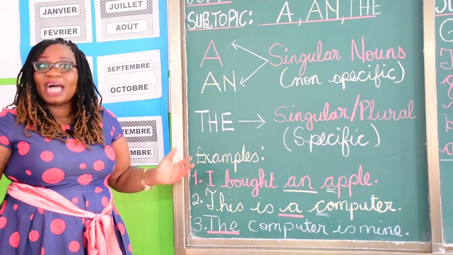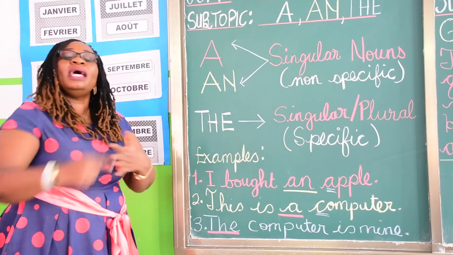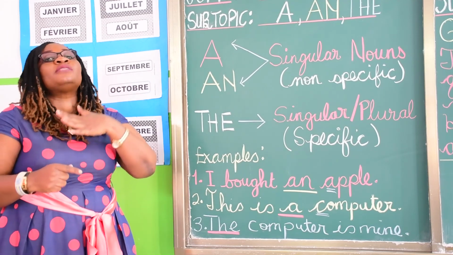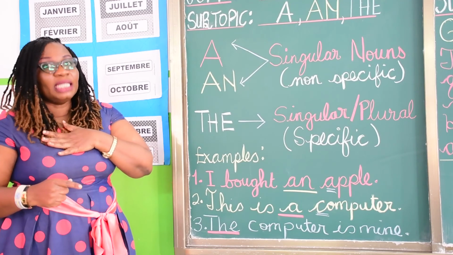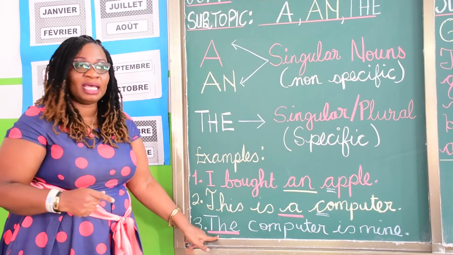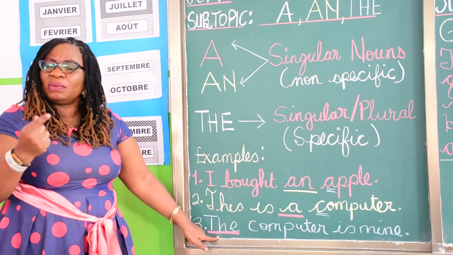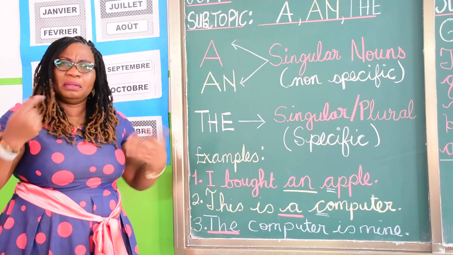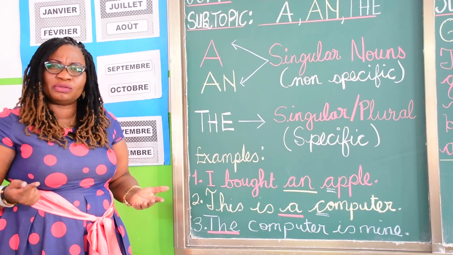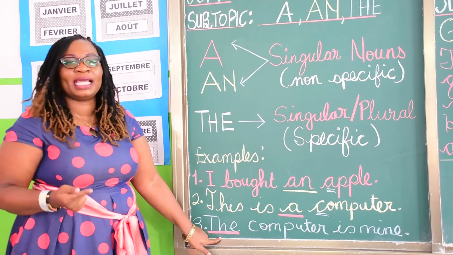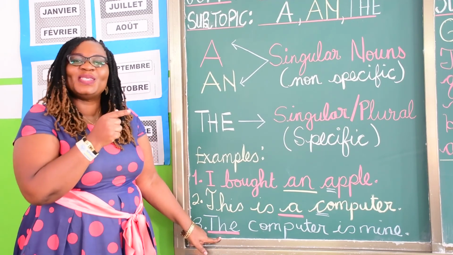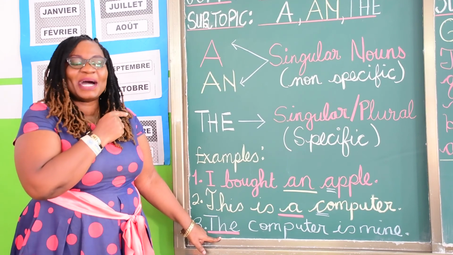No, I said the computer is mine. Is mine means it is for me. And so I have to use the. If I use a computer is mine, which computer am I referring to? But the moment I use the, you know the computer that I am talking about.